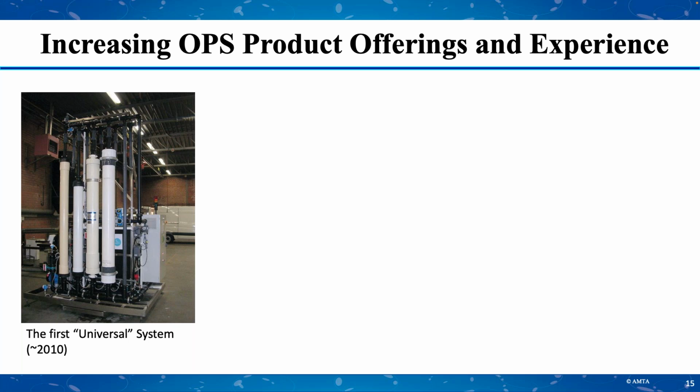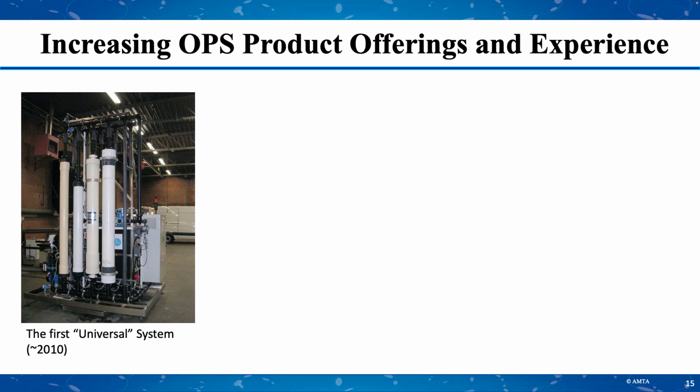So another one of those initial concerns was that there were not a lot of product offerings or experience delivering these sorts of systems. So back in, I think it was 2010, maybe 2011, Suez Degremont introduced the first quote-unquote universal system, which is called the SmartRack.